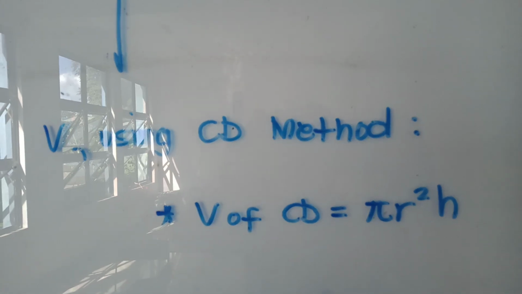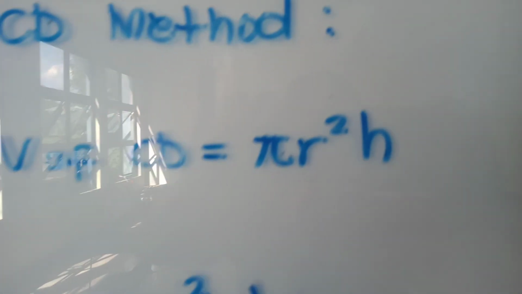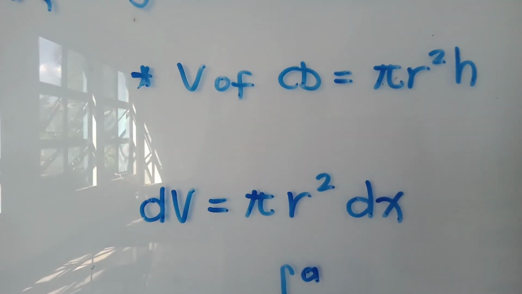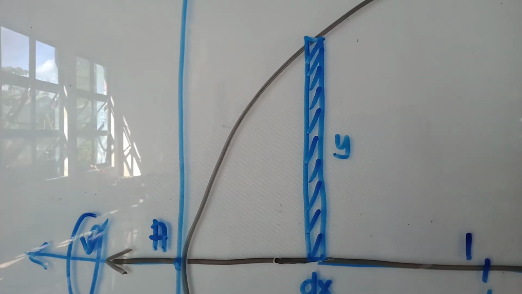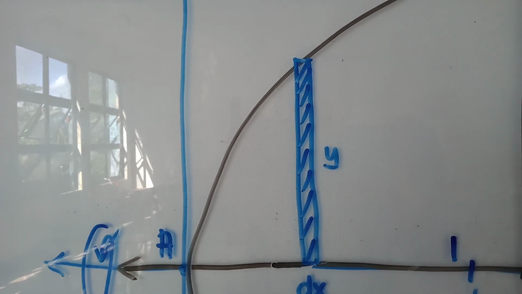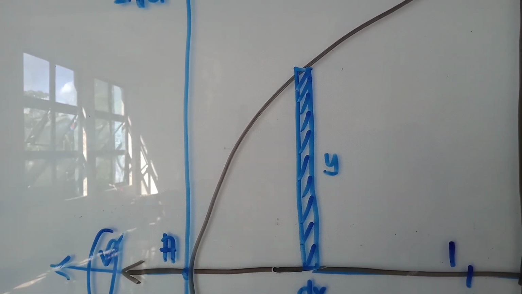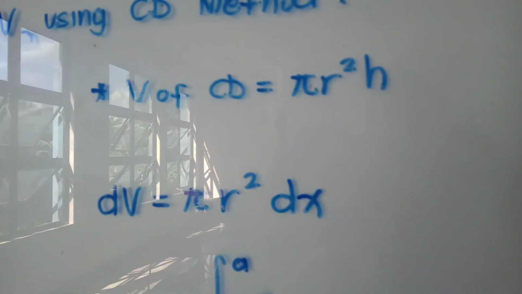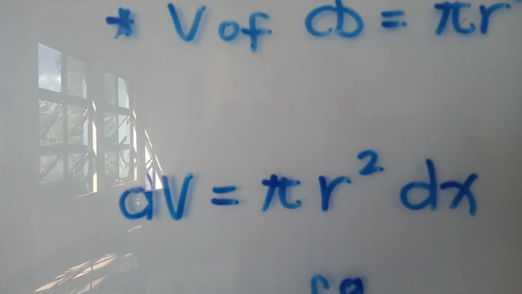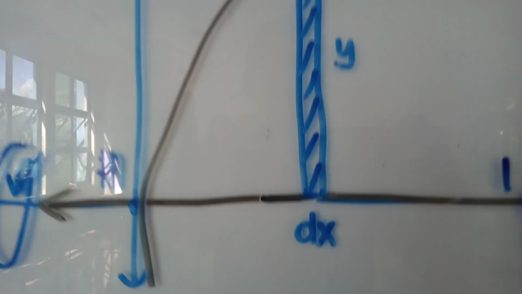Okay, using the circular disc method, our differential volume, which is the volume of this elementary area revolved about the x-axis, forms a circular disc whose radius is of course y, and the thickness of our disc is the differential of x.